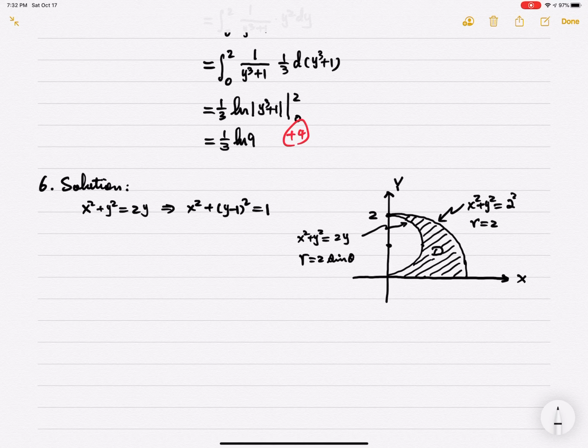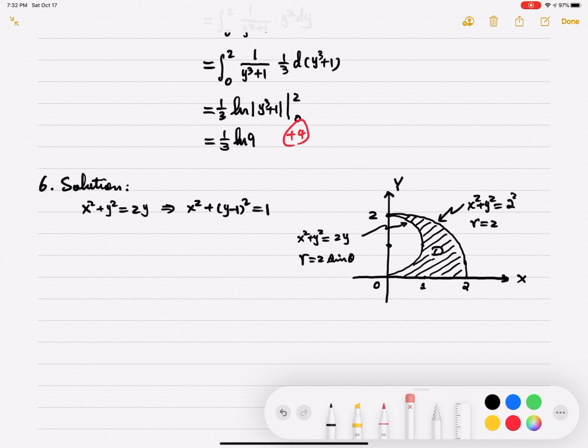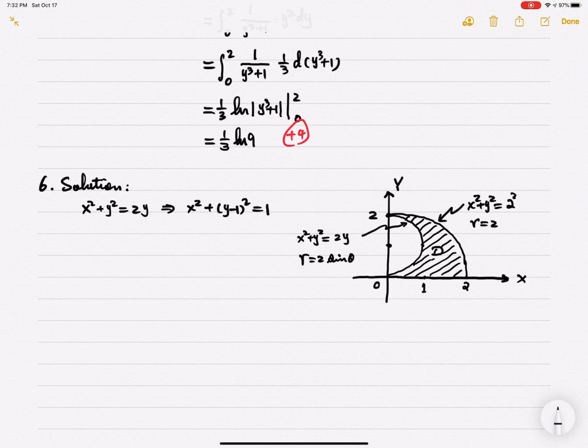So that's the region. Here is a 1, here is a 2. So that's like this. Then we can describe the region using polar coordinates.